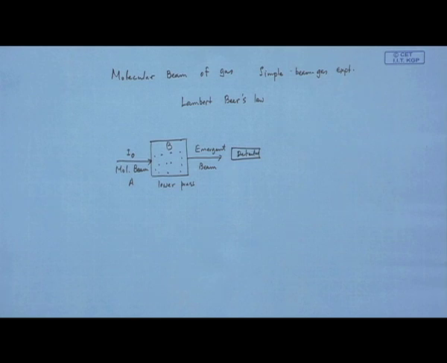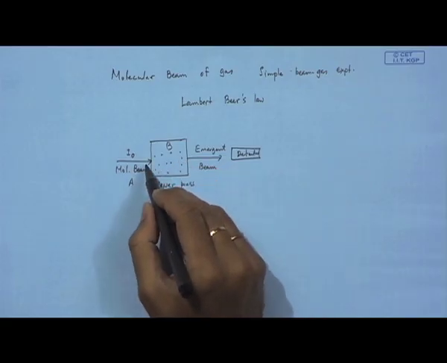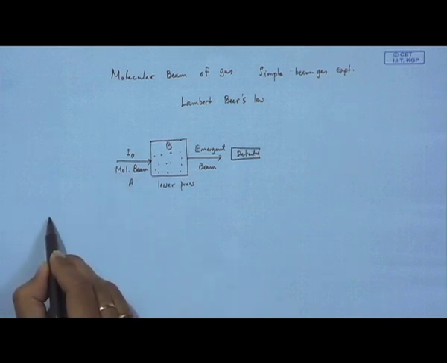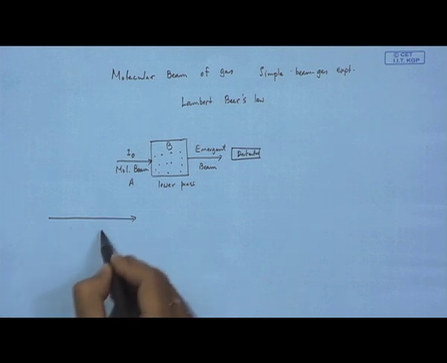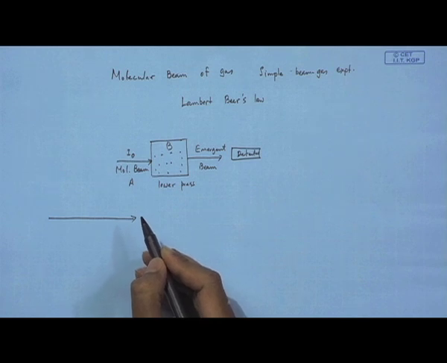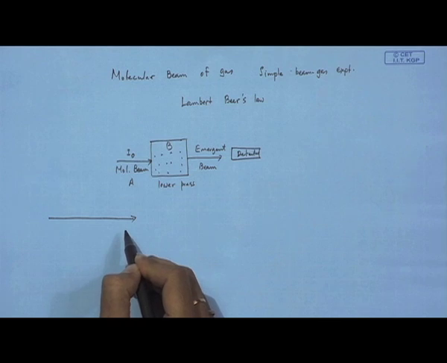then these A molecules will be deflected, or that collision may be a reactive collision, that collision may be non-reactive collision. So, this beam of A molecules which was initially linear, if there is a collision, then this beam will be deflected a little bit, or maybe it will be attenuated.